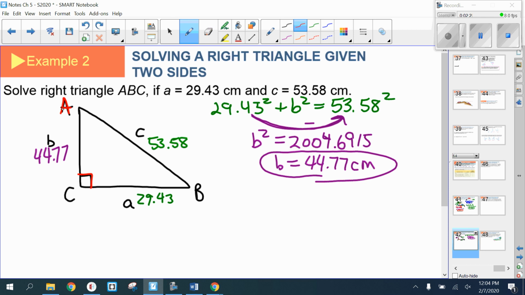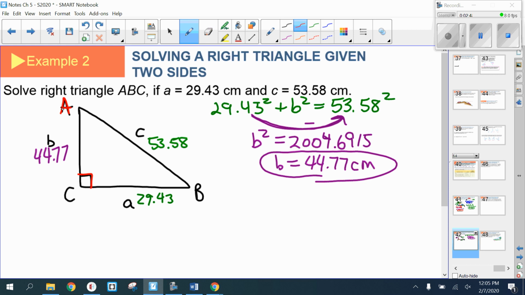I would try to use the numbers that you were given in the problem, just in case I rounded off on my 44.77. If anything went wrong with 44.77, then everything after that is wrong. So I'm going to try to use the green ones, 29.43 and 53.58.